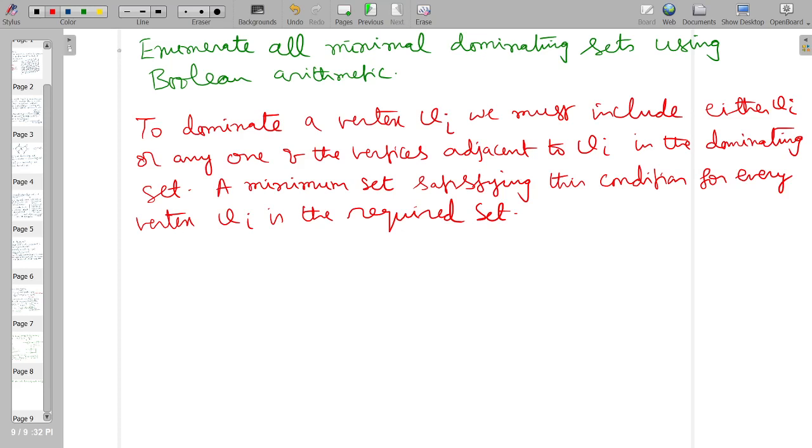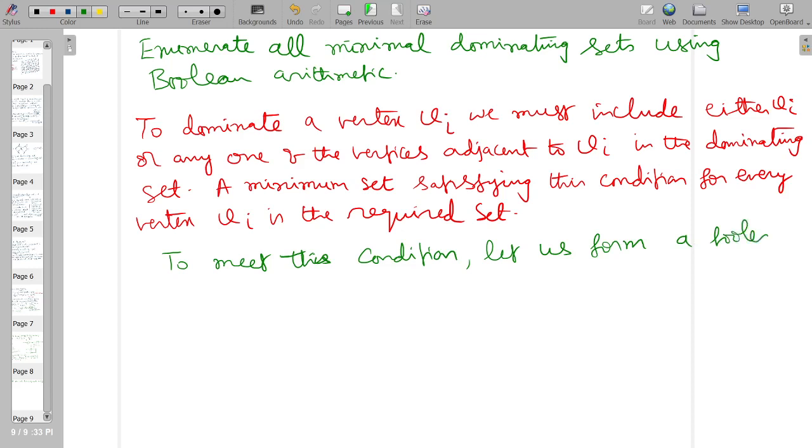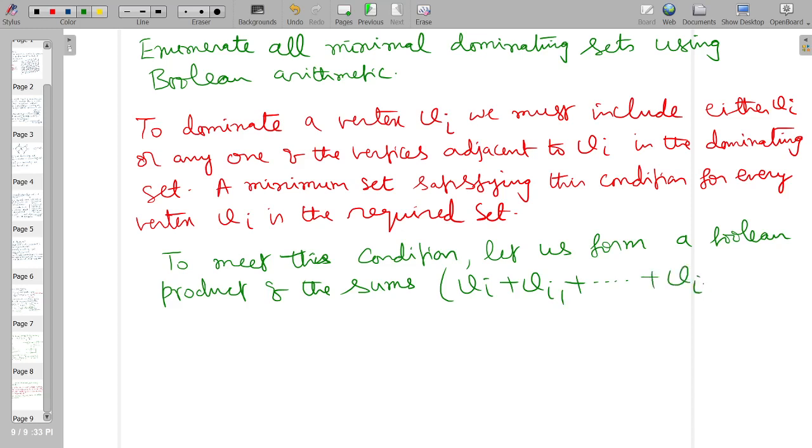So to do this, to meet this condition, let us form a Boolean product of the sums, like this: vi plus vi1 plus so on plus vin, where these vertices are adjacent to vi.